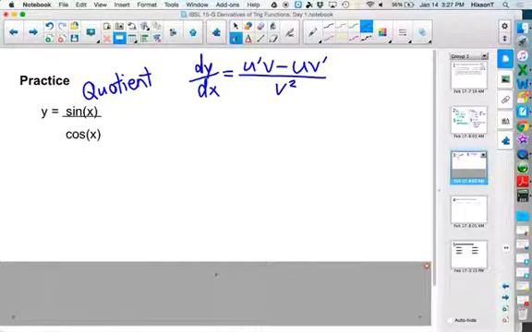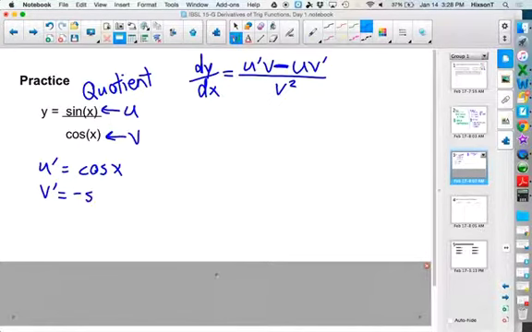Now, we need to find out what u prime and v prime are, because u is always the numerator, and v is always the denominator. So what's u prime? Cosine. And what is v prime? Negative sine. Okay? So, u prime times v is cosine squared minus u times v prime.